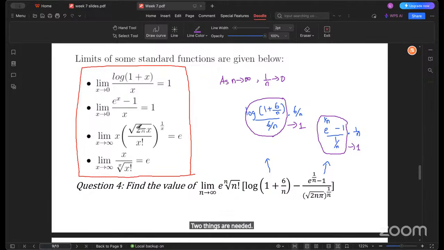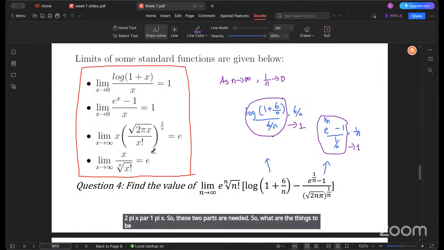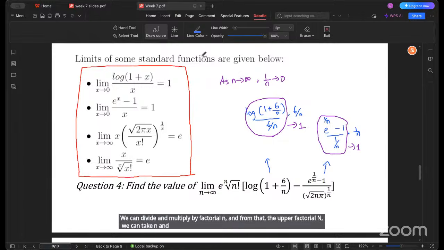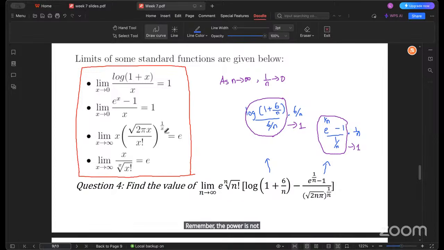You only have square root of 2 pi x power 1 by x. So these two parts are needed. So what are the things to be done for this part? We can divide and multiply by factorial n, and from that the upper factorial n we can take n, and then we can take the n power. Remember, it is not x, it is 1 by x.